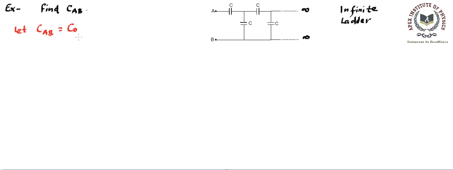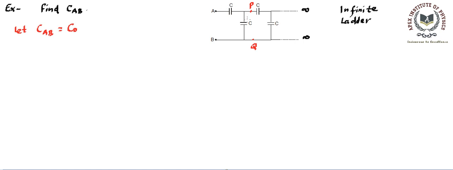So this C0 is something that we are interested in finding out, and then let's consider another set of two points. Let's say this is a point named P, this is a point named Q, and let's say the circuit on the left side of these points is absent.